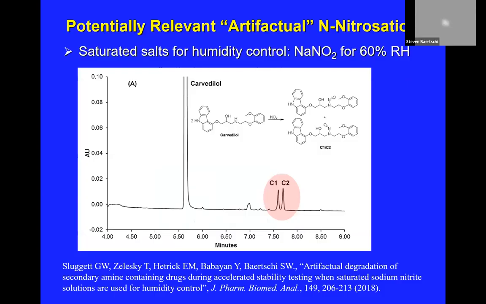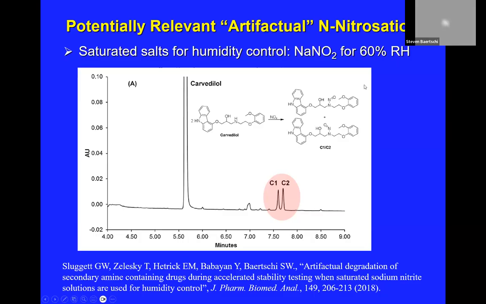Another artifactual source of N-nitrosation was discovered at Lilly and expanded upon by researchers at Pfizer, where saturated salts are used for humidity control when you're exposing samples to, say, an ASAP protocol, or you're trying to control relative humidity. Sodium nitrite is a salt that's used for 60% relative humidity control.